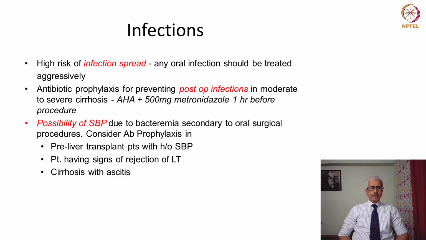And therefore, antibiotic prophylaxis should be considered in pre-liver transplant patients with a history of spontaneous bacterial peritonitis, patients having signs of rejection of liver transplant, and cirrhosis patients with ascites. So let me stress this again. These patients are very prone to infection, and therefore we must aggressively take care of any oral foci of infection.